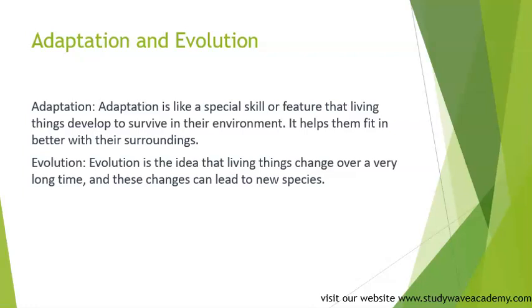This means that those with helpful adaptation are more likely to survive and have babies, passing on those helpful traits to the next generation. Okay? So adaptation is like a special skill or feature that living things develop to survive in their environment. They adapt to where they are.